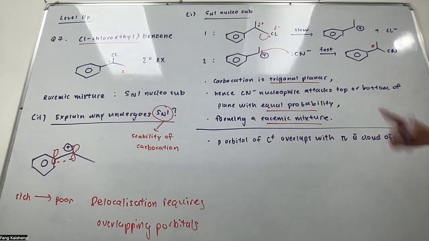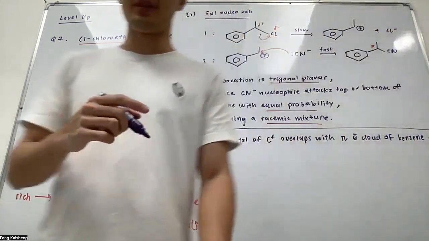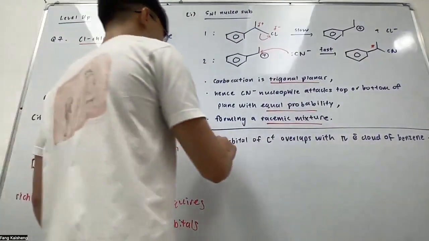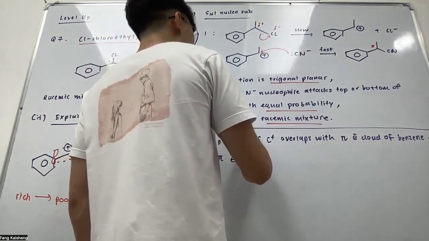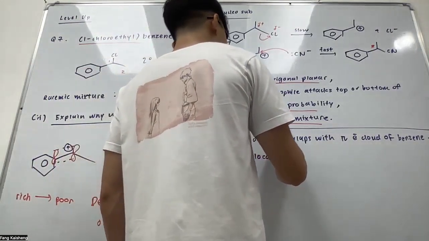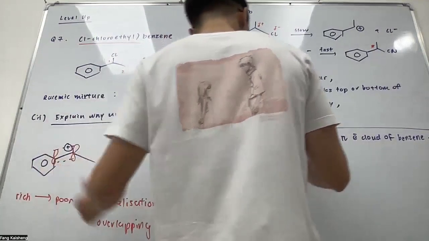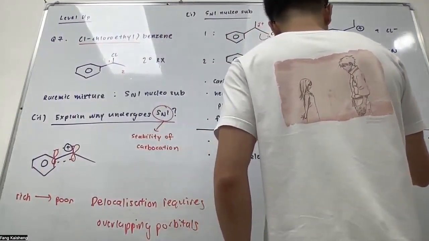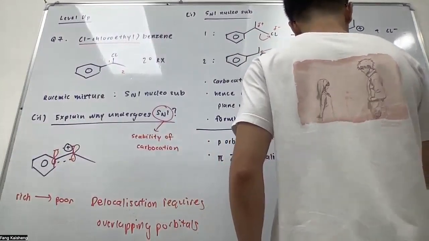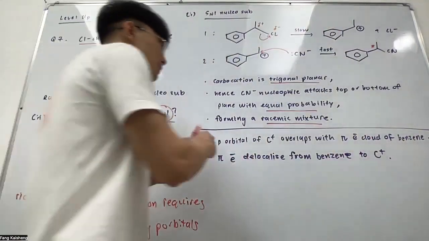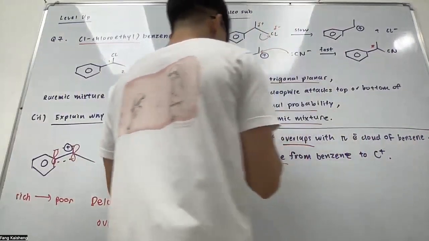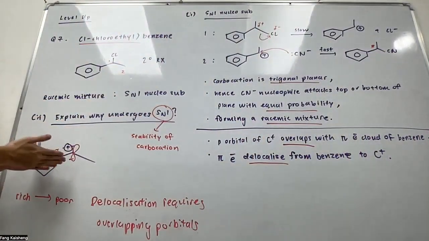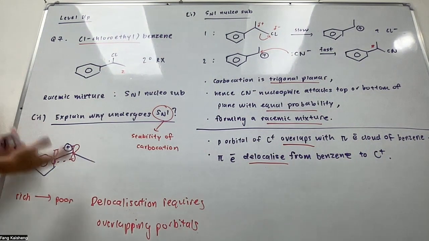Okay, then what next? Redo this explanation one more time. Then delocalize. From where to where? The pi electrons delocalize from the benzene to the poor carbon. So the first point is your overlapping, the second point is delocalization. Now that a rich person has supplied the poor person with electrons, now what?